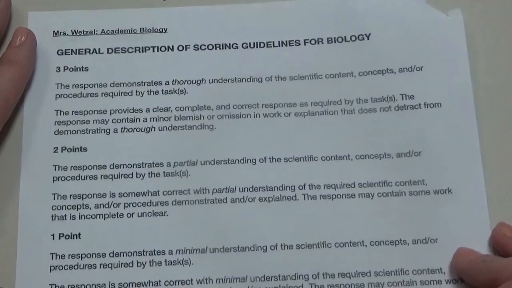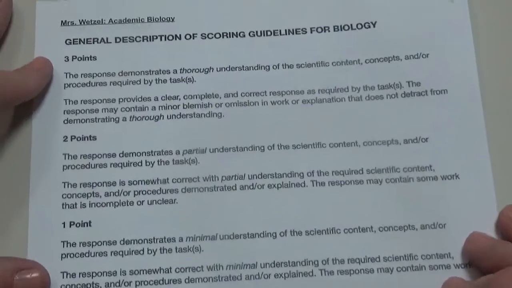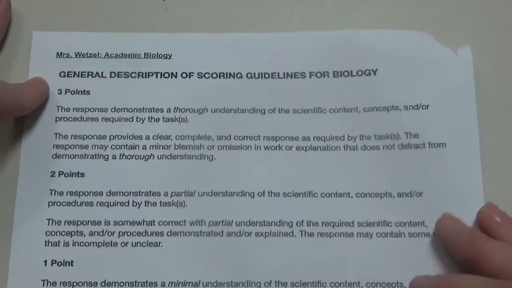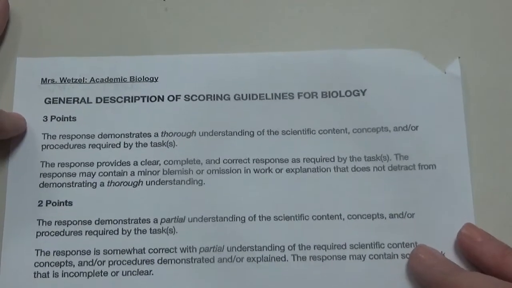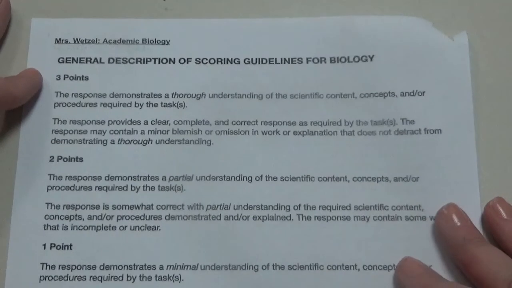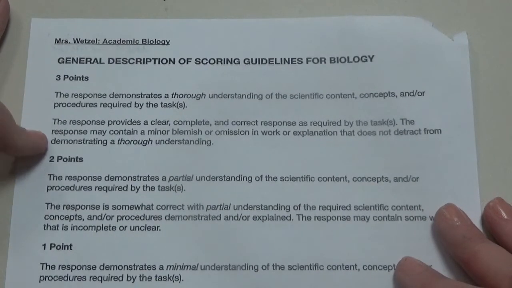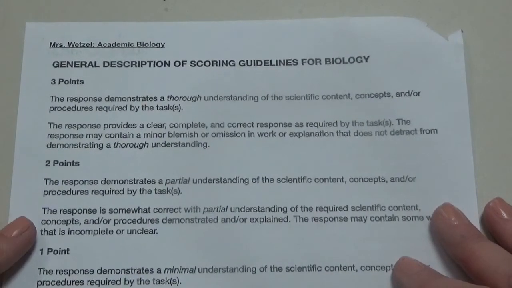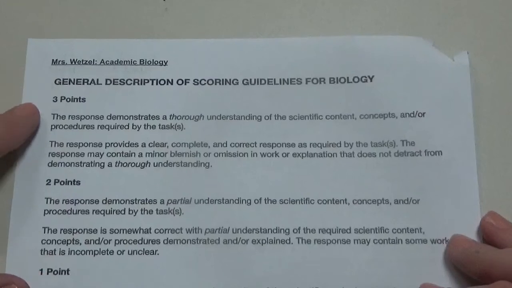The next thing I want to talk about in this introduction to the Keystone exam is how they score the Biology Keystone exam. For the open-ended response questions, you can get 3 points, 2 points, 1 point, or 0 points. 3 points shows that you demonstrate a thorough understanding of the content, concepts, or procedures.